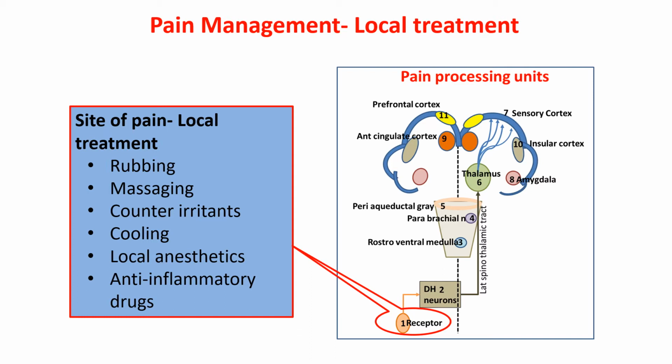Similarly, injection of a local anesthetic or local anesthetic applications at the local site may also relieve pain at the receptor level. These are all practiced. And giving anti-inflammatory drugs reduces the swelling and the inflammatory responses or inflammatory mediators, so thus they may help to relieve pain.